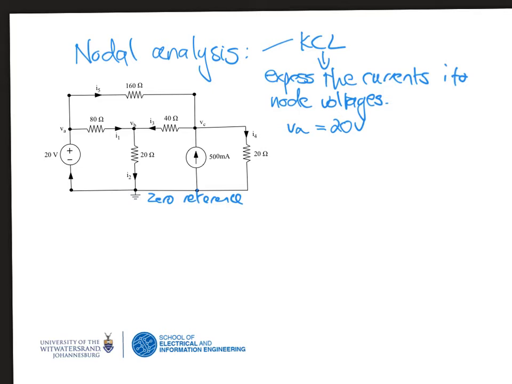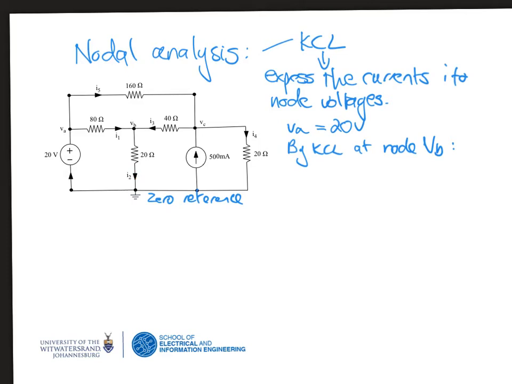So we know that VA is equal to 20 volts. Now we write down the Kirchhoff's current law equation. By Kirchhoff's current law at node VB, which is over here, we've got I1 flowing into it, I3 flowing into it, and I2 flowing out of it.